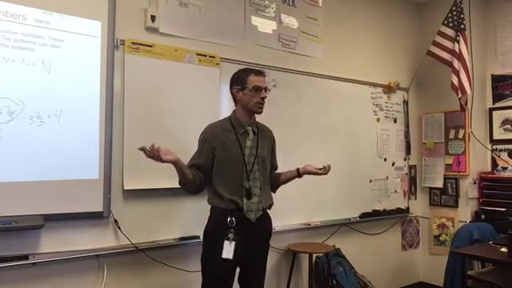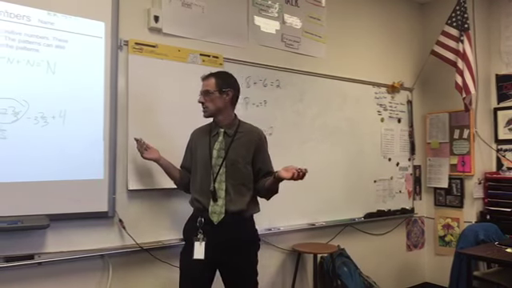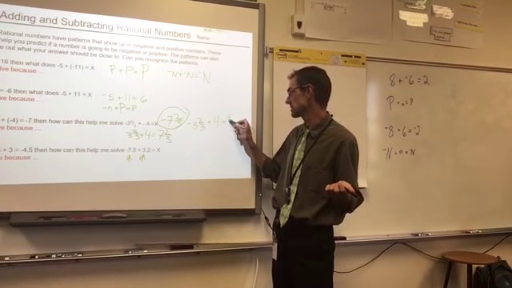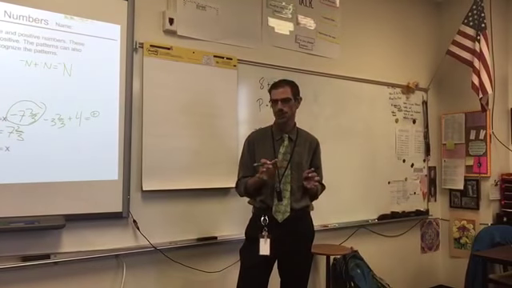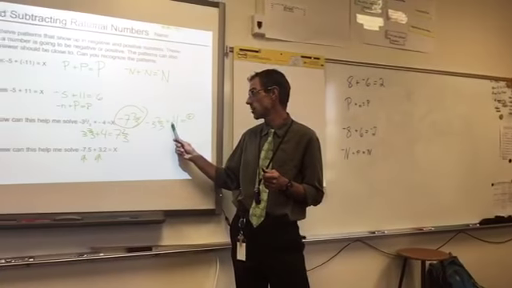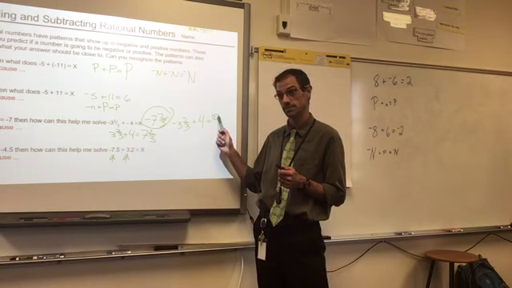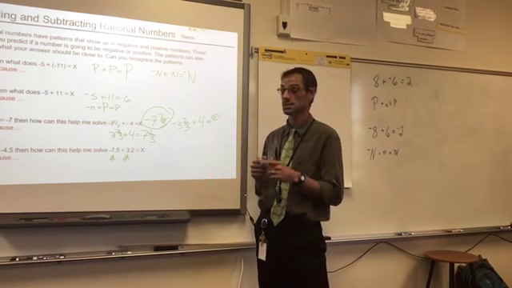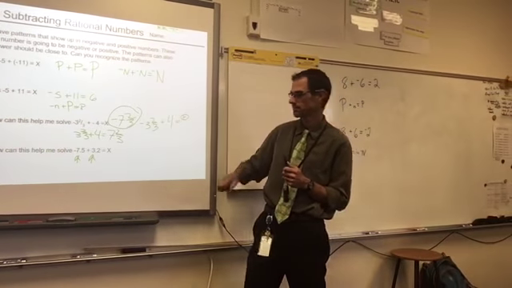So now, which one has a greater absolute value? Positive 4, right? So I know that my answer is going to be positive. But this is a little bit more difficult, isn't it? Because I know it's not going to be positive 1. It's actually just a positive 1/3. So that's a little bit harder to do. We'll get into this more.